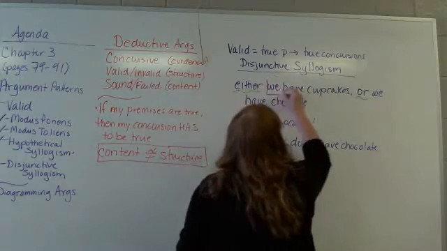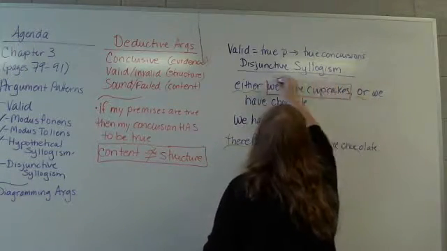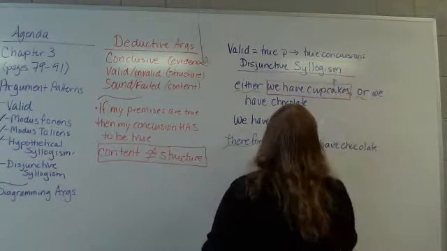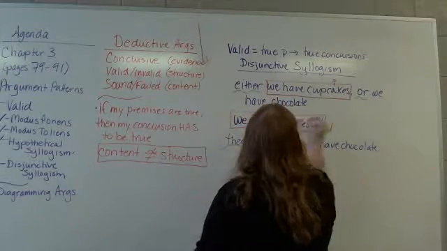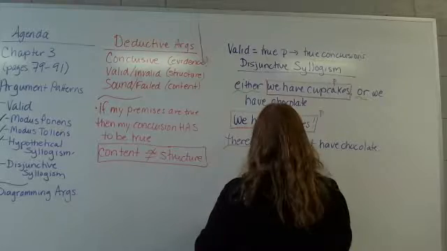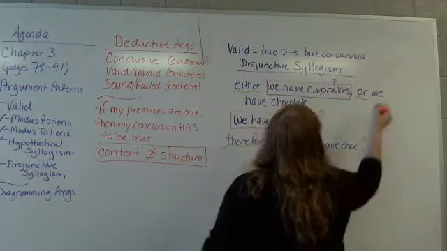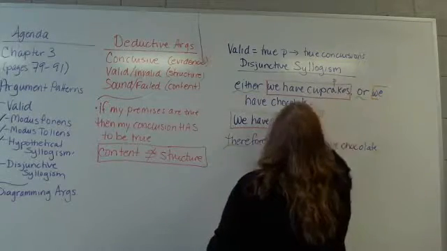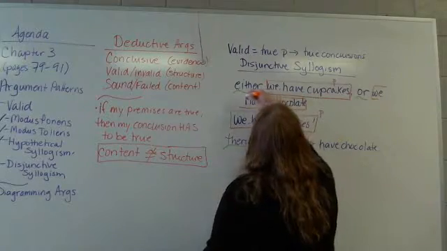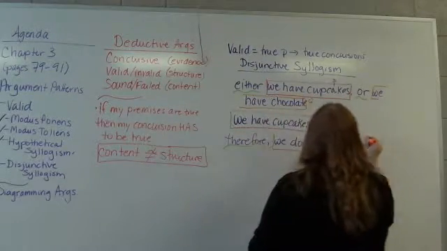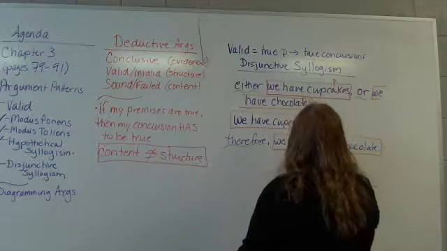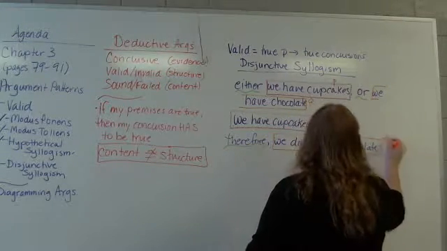So we have cupcakes. Again, I'm going to label it with a P. My whole second premise is we have cupcakes, so that's my P. We have chocolate. That's my Q. Here, we don't have chocolate. Don't forget the not, okay?